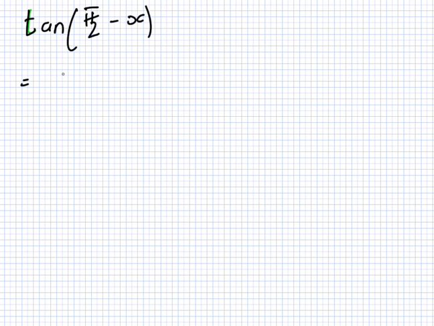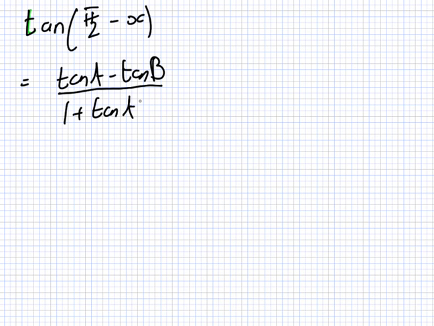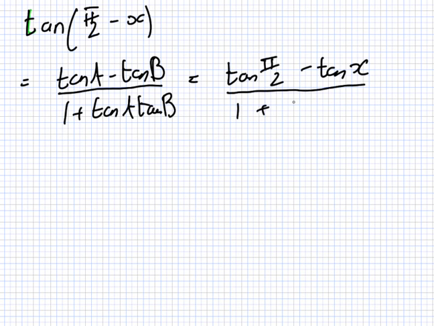That's equal to tan A minus tan B all over 1 plus tan A tan B, which in this case is tan pi over 2 minus tan x all over 1 plus tan pi over 2 times tan x.